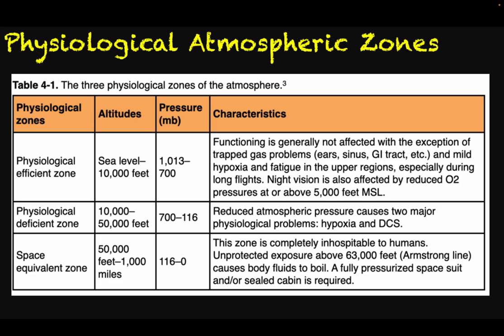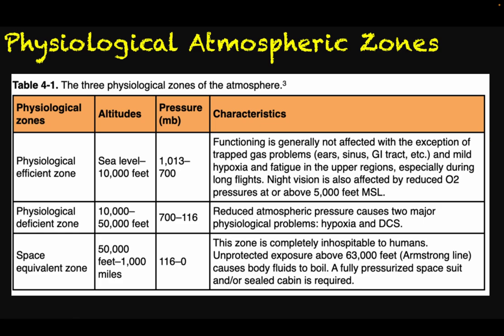You'll end up with some issues that are the result of trapped gas, like your ears popping, your sinuses getting clogged up, and things of that nature, but nothing too severe. There will be some mild hypoxia and fatigue that sets in above 5,000 feet, but generally speaking, the only cognitive aspect that's going to be affected here is your ability to see at night, which is something that we'll talk about again later.